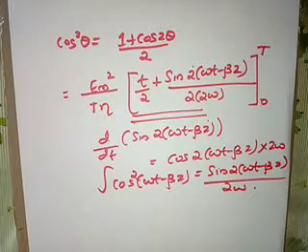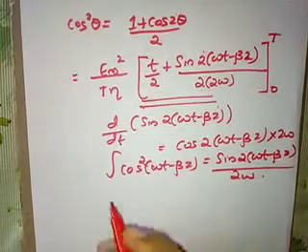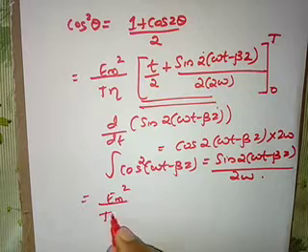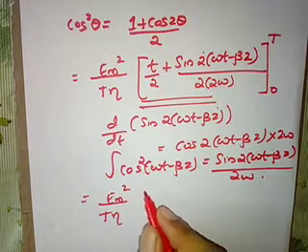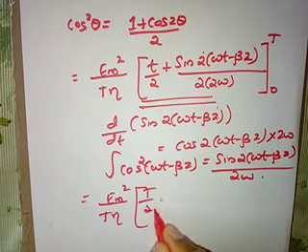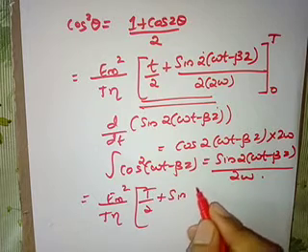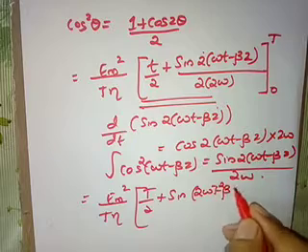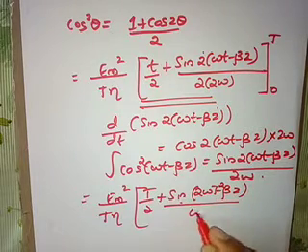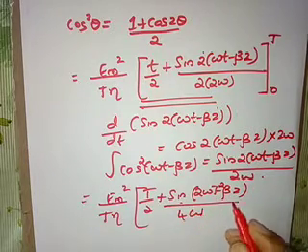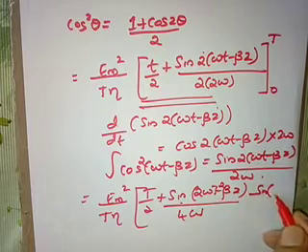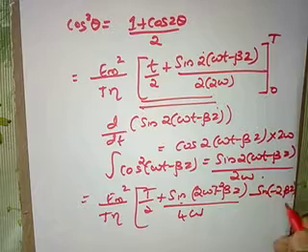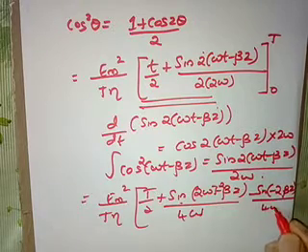Okay, so if I substitute the limits here, then what do I get? This is equal to Em square by T eta into T by 2 plus sine of 2 omega T minus 2 beta z divided by 4 omega, minus sine of minus 2 beta z divided by 4 omega.